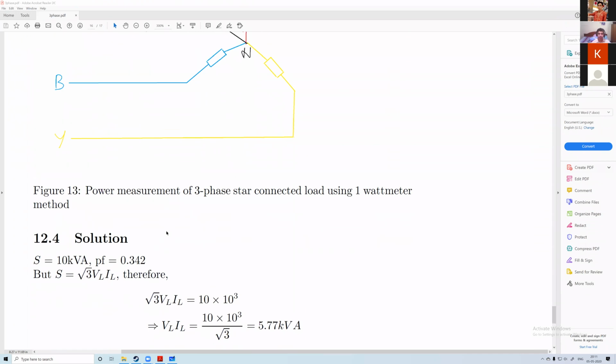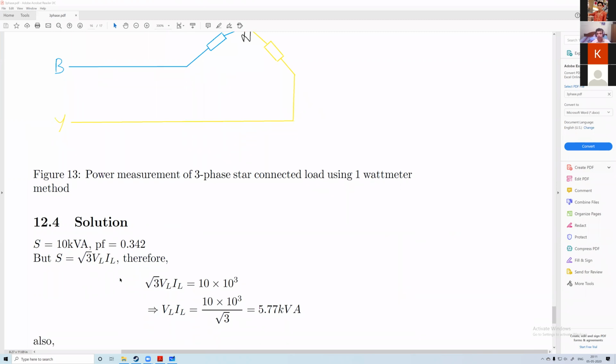But what is VLIL? The kVA is the apparent power. S was last class. S was √3 VLIL, that is given.